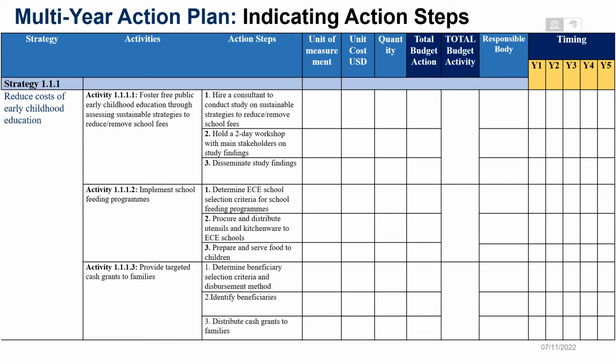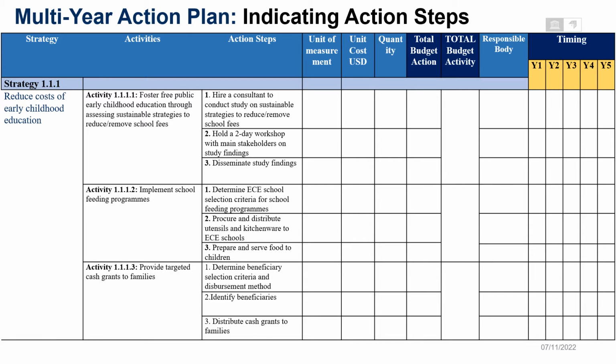You can first simply copy your strategies and activities into the relevant boxes in the template. The next step will be to break down each activity into more detailed action steps. Ask yourself, what are the main steps that will need to occur to implement this activity?